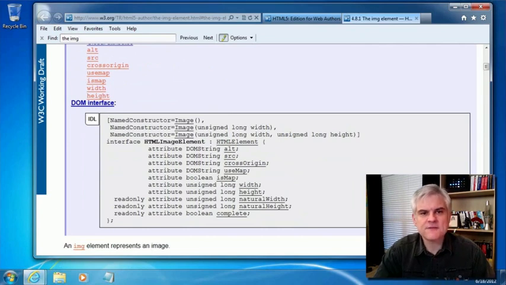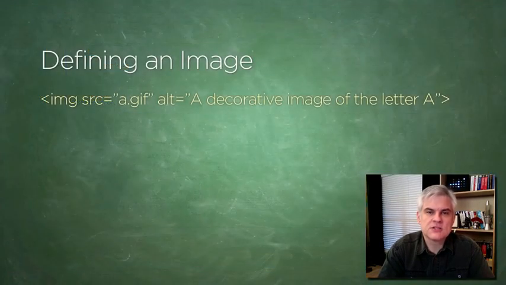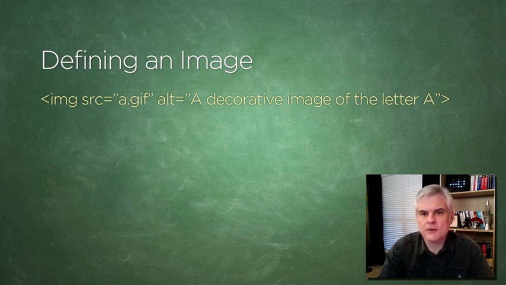In its basic form, you simply need the following to define an image. So the IMG source attribute equals and then the alt attribute equals. So it simply has two requirements: a valid source attribute that points to an image file using a URL, and then an alt attribute which describes the image for those who can't process images or those who have image loading disabled.